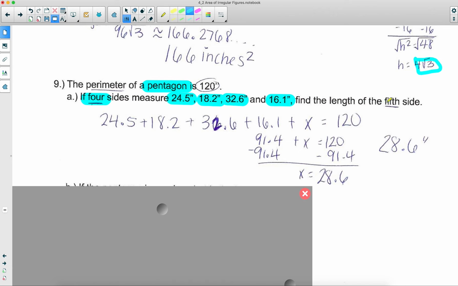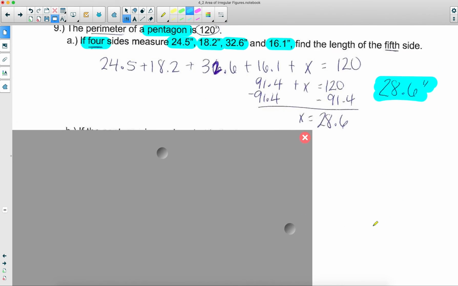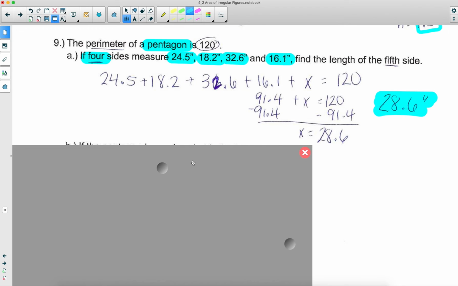Find the length of the 5th side. So I wrote myself a little equation. I took the 4 known sides plus the unknown side x, and I said equal to 120. Did some quick algebra, combined like terms, subtracted 91.4 from 120, got x, that 5th side, to be valued at 28.6 inches. Okay, and that was that one.